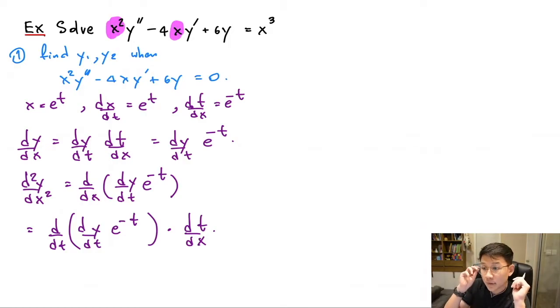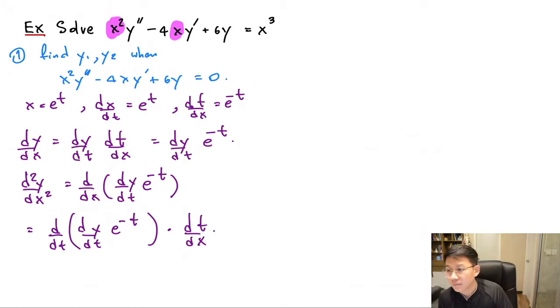And what is it? d by dt of dy by dt, we need to use u dv plus v du.